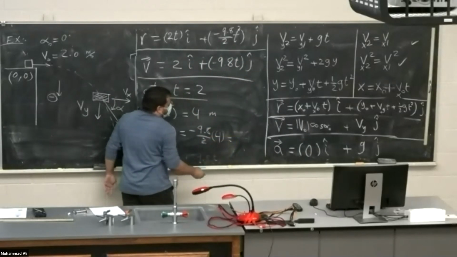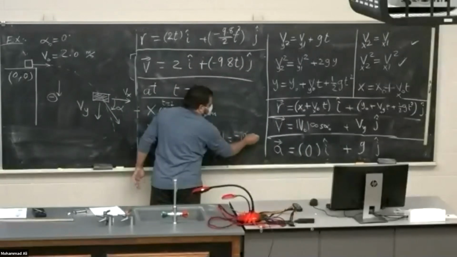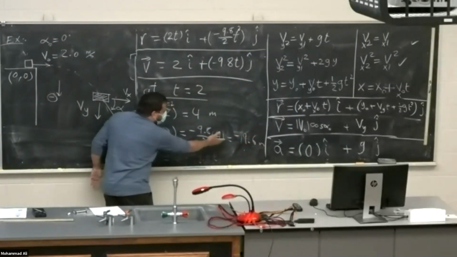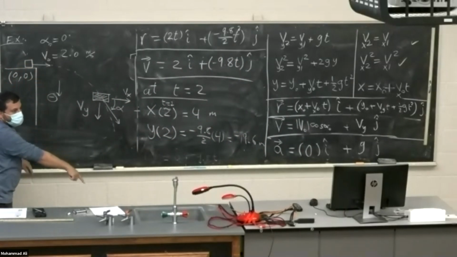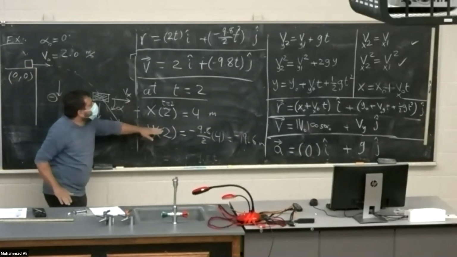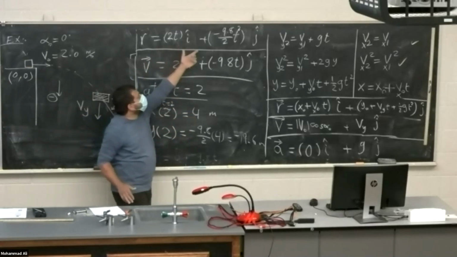It will be equal to negative 19.6 meters. Why is it negative? Because it is downward. Because I am on the top of a building and I am looking downward to that object. You can use any time to find the position anywhere in x and in y.